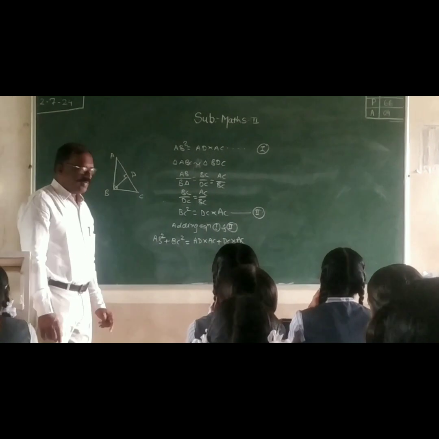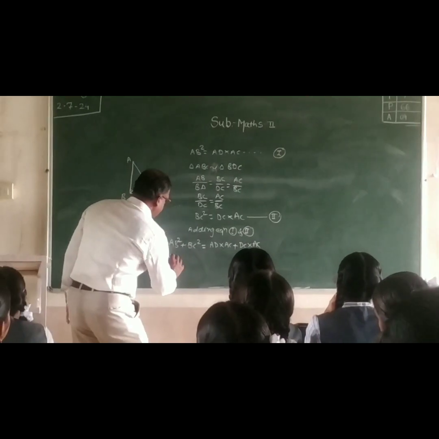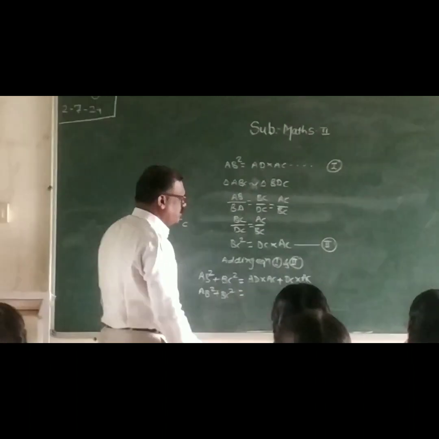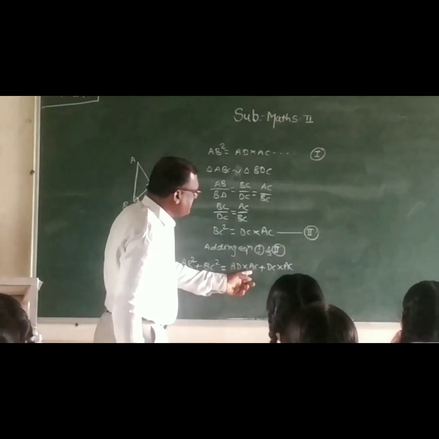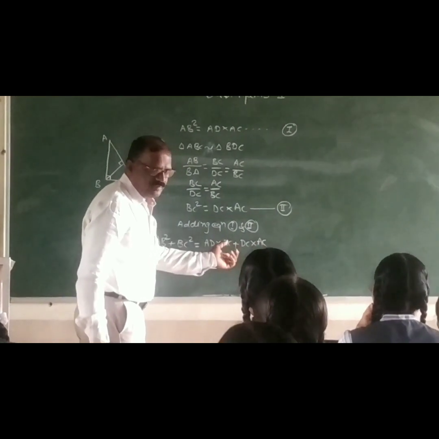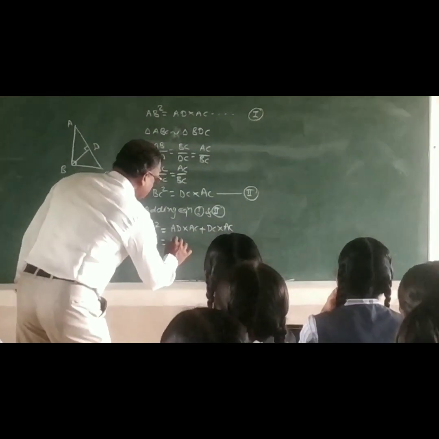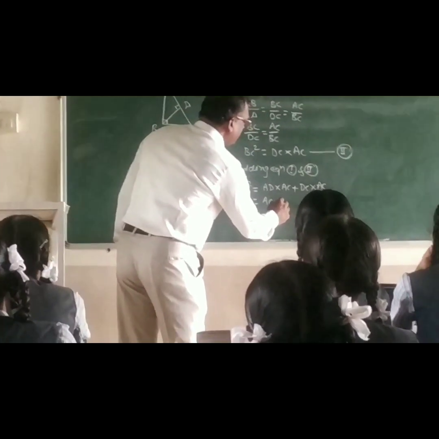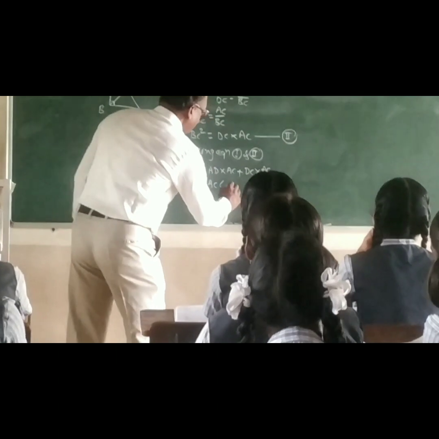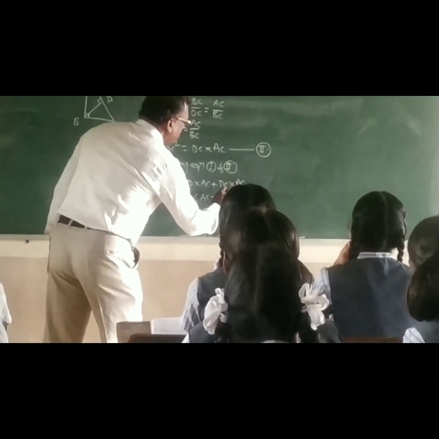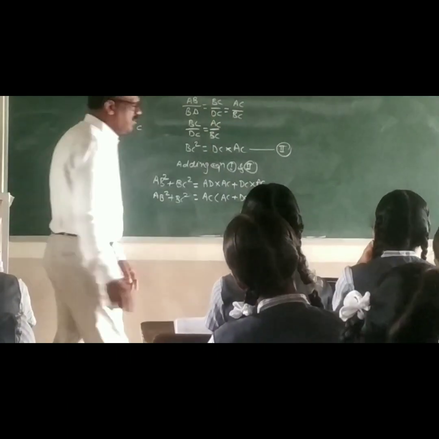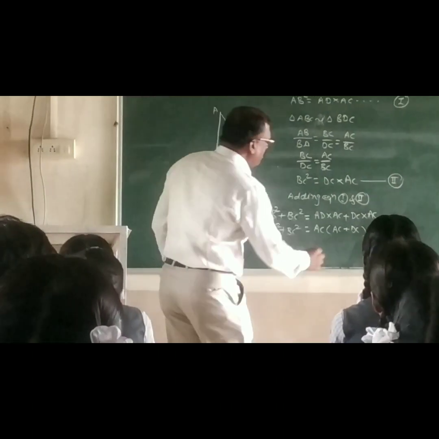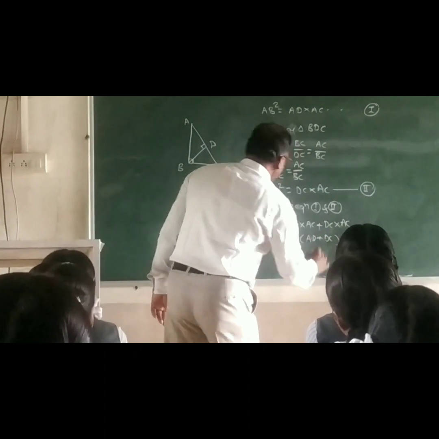Now listen. AC is common, so take it out: AB square plus BC square is equal to AC into bracket AD plus DC.